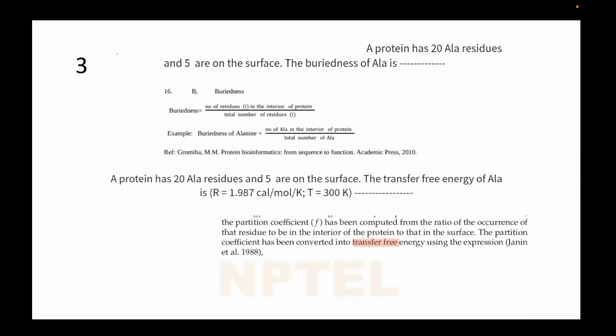So I have the next question. A protein has 20 alanine residues and 5 of them are on the surface. What is the transfer free energy?